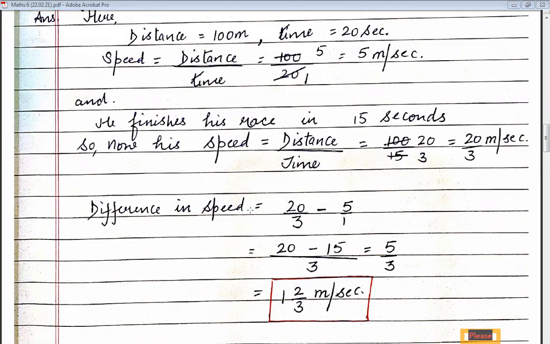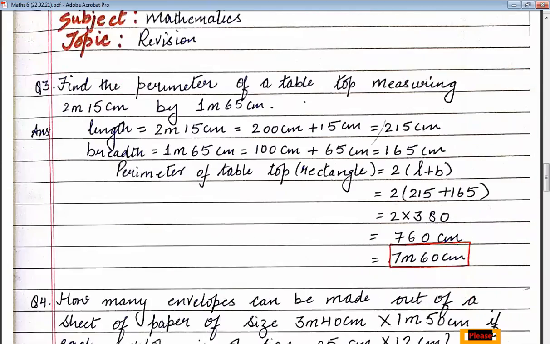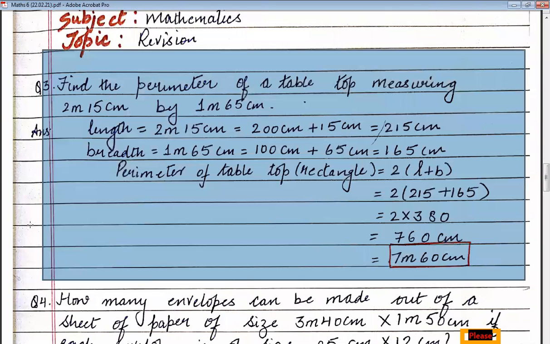Okay, students. Now let's move on to our question number 3. Now let's read the question. Find the perimeter of a tabletop measuring 2 meter 15 centimeter by 1 meter 65 centimeter.